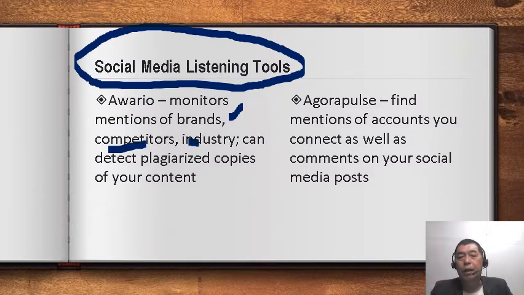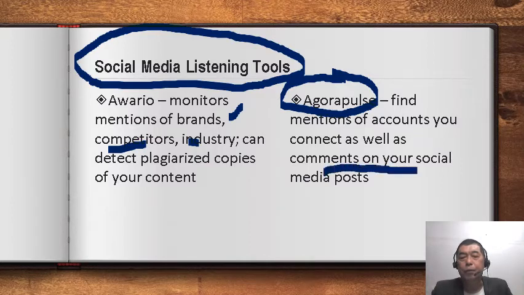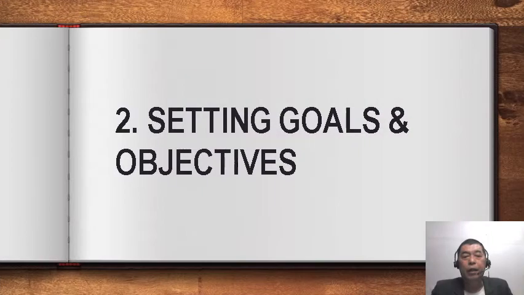And then another is Agora Pulse. What is this? Agora Pulse is a tool that tracks mentions of accounts you connect as well as comments on your social media posts. So you need this kind of tools, no? Awario, Agora Pulse. The next is, of course, after listening, that is part of data gathering.